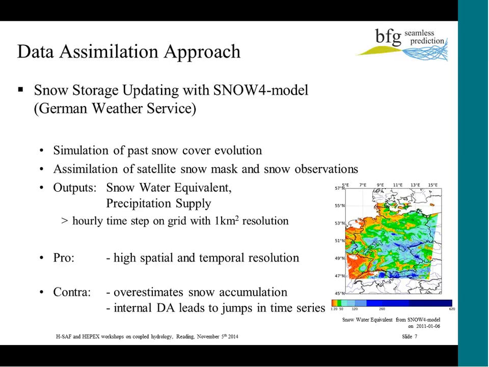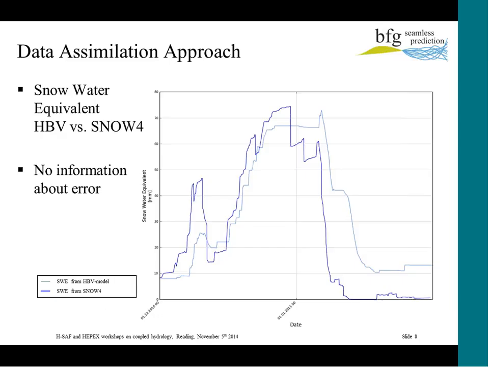The advantage of this data is, of course, its high temporal and spatial resolution, but there's a downside to this, however, and this is the fact that this model overestimates snow accumulation in certain areas, and also this internal assimilation inside the model leads to jumps in the resulting time series of snow water equivalent, which looks something like this.